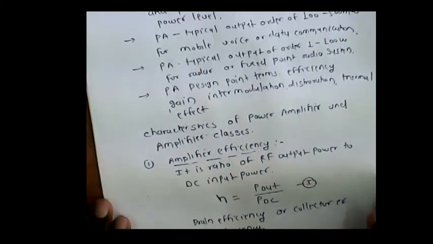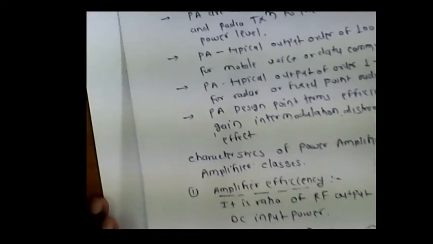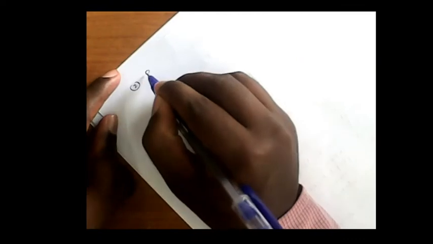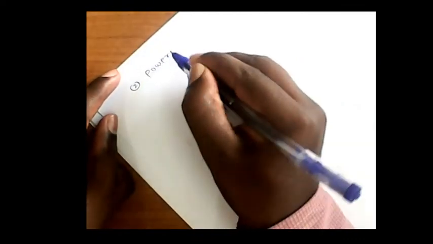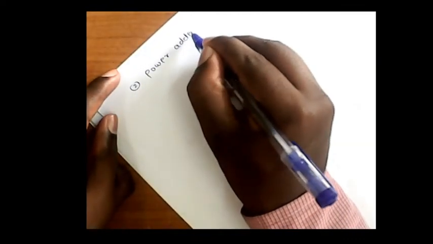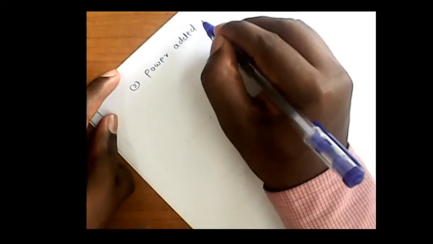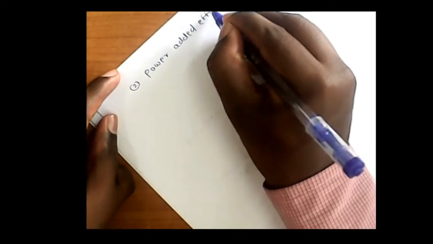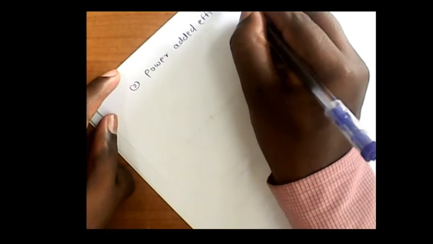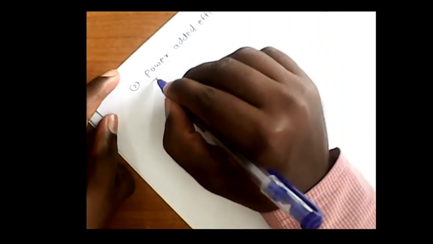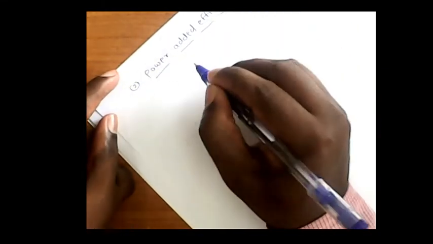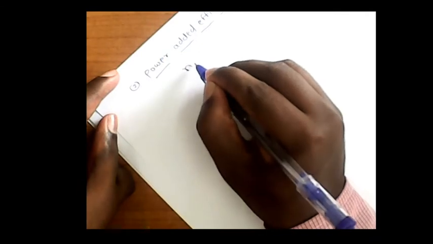So we have a new parameter in designing, that is power added efficiency, denoted by the letter eta.